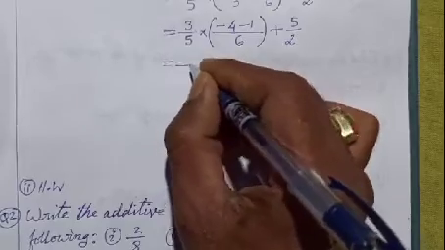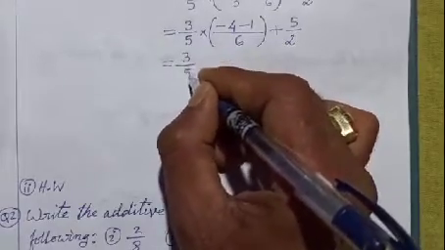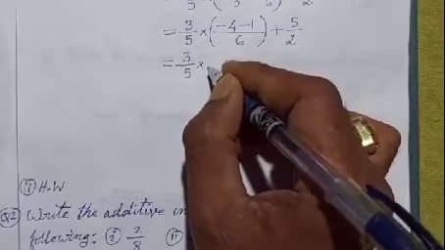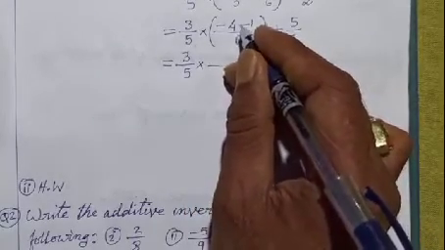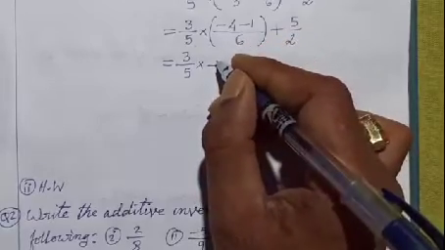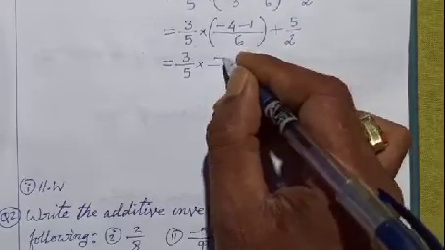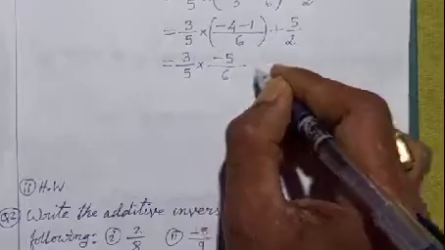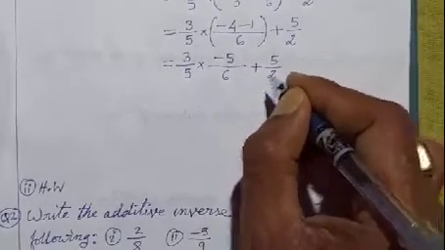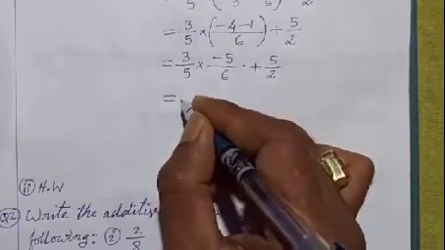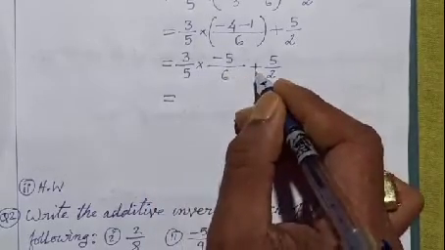Then is equal to 3 by 5 into minus 4 minus 1. The signs are same, so we have to add together. Then the answer is minus 5 by 6, then plus 5 by 2. Here is multiply, here is plus.